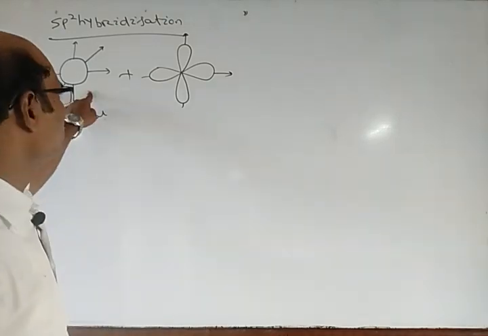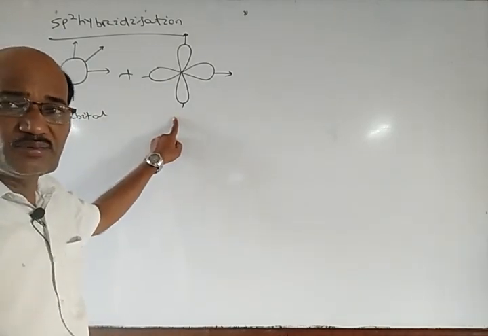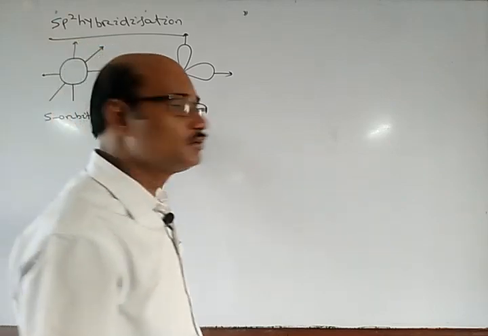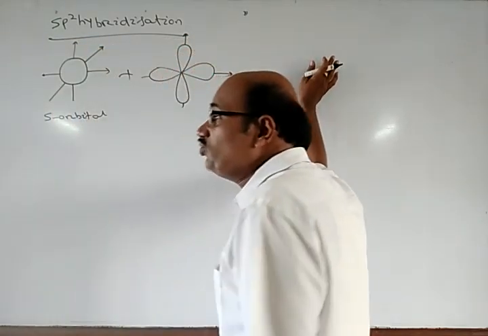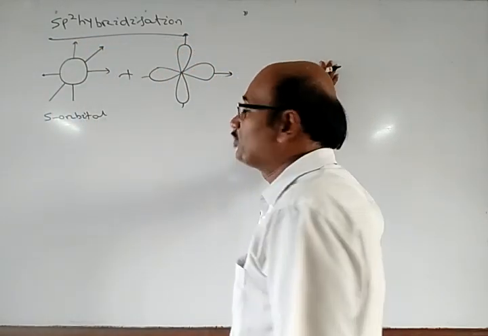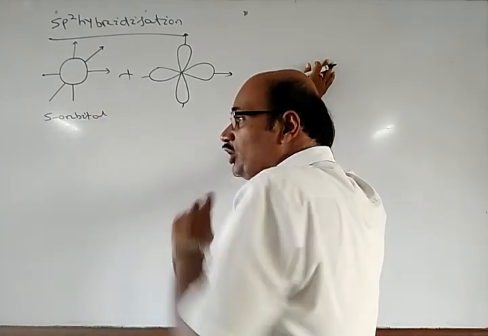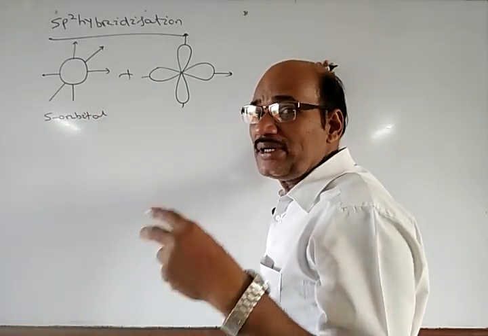So one s and two p orbitals intermix with each other to give 3 sp2 hybrid orbitals. Because we have taken one s and two p, total we have taken 3, so we will get 3.